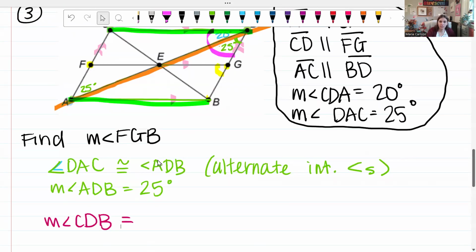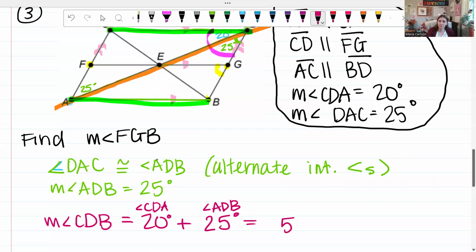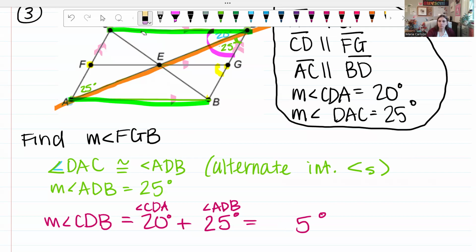So 20 degrees plus 25 degrees. And 20 degrees, remember, was really just angle CDA, and we're adding that on to angle ADB. So that tells us then that the measure of this angle is 55 degrees. Oops, 45. Ms. Carlson can add: 45.